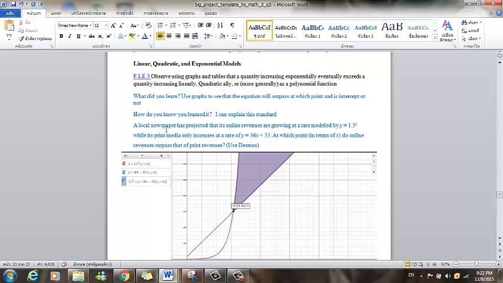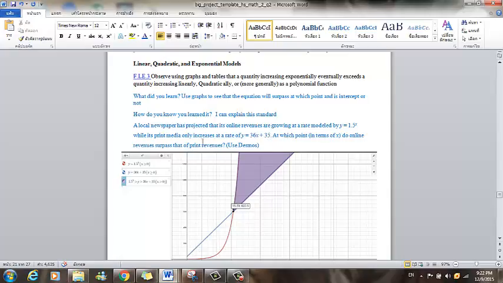A local newspaper has projected that the online revenues are growing at the rate modeled by y equal to 1.5 to the power x, while the print media only increases at a rate of y equal to 36x plus 39.